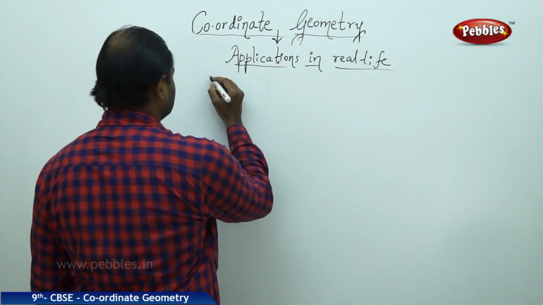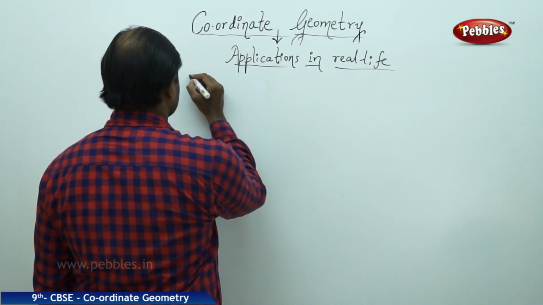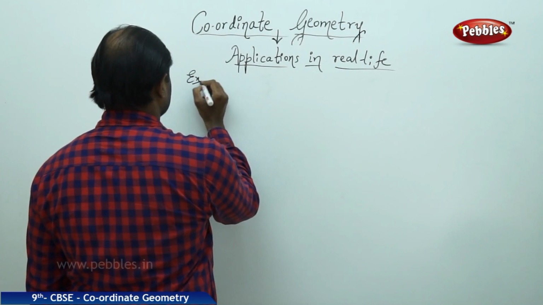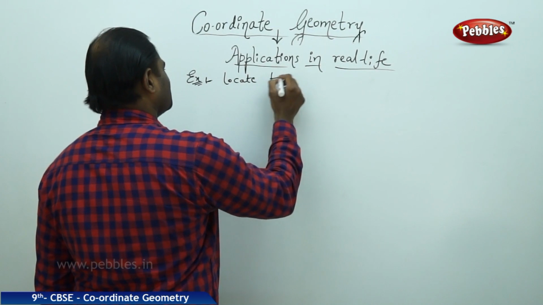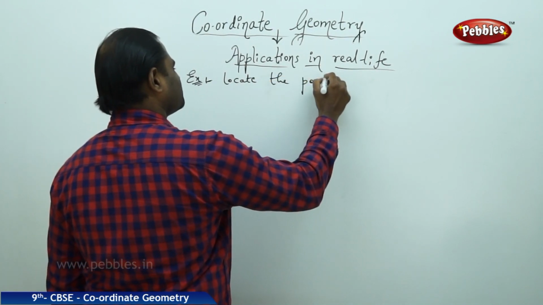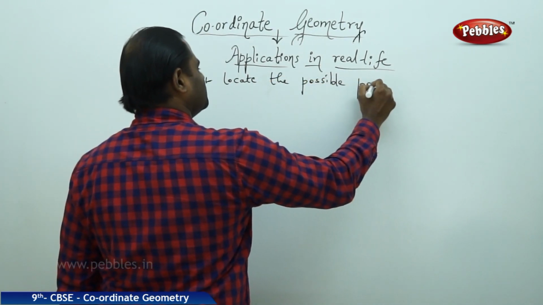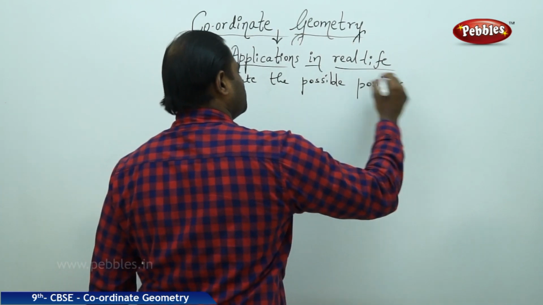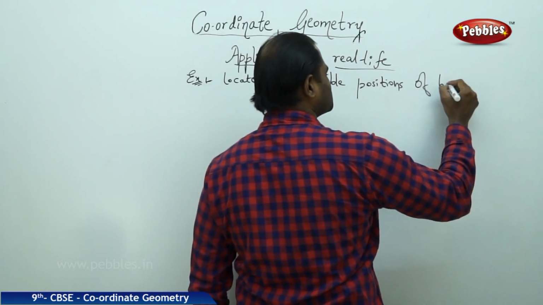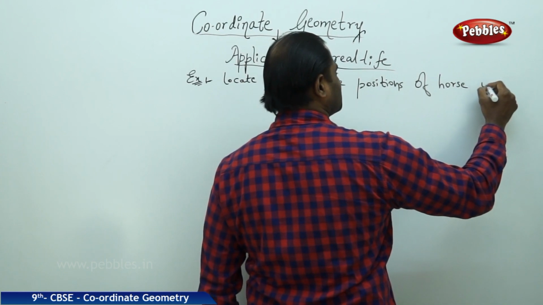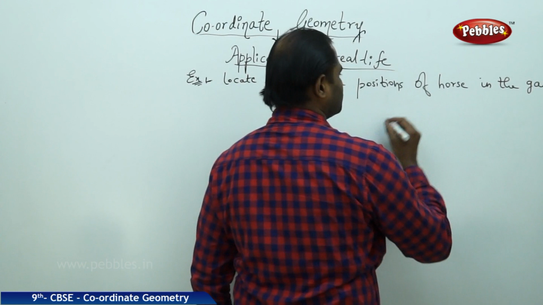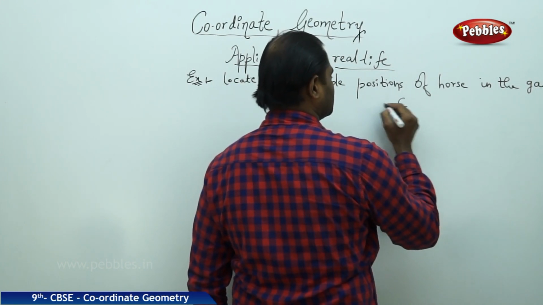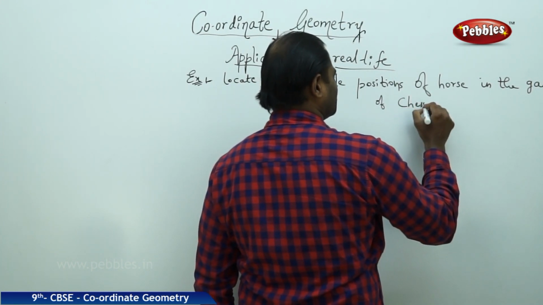For example, my question here says, locate the possible positions of horse in the game of chessboard.